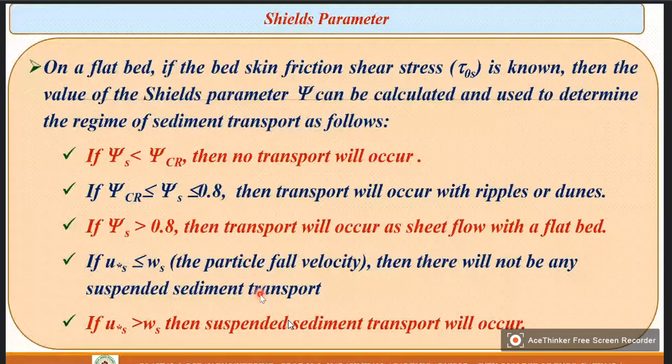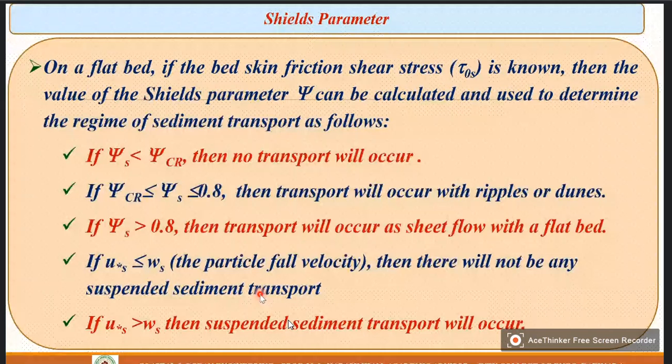If the shear velocity is greater than the fall velocity, then suspended sediment transport will occur. So if I give you the data for the calculation of u star or for the calculation of psi, you will be able to know the regime of the flow.